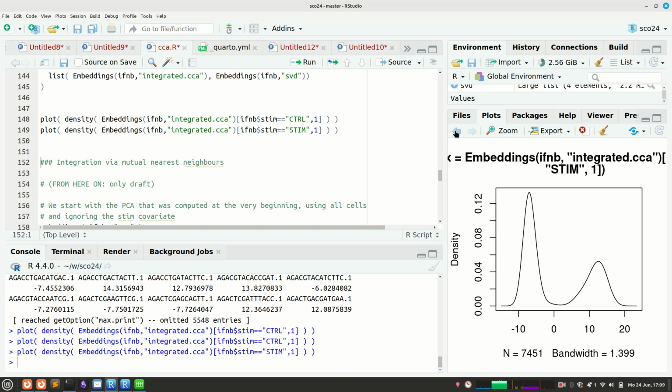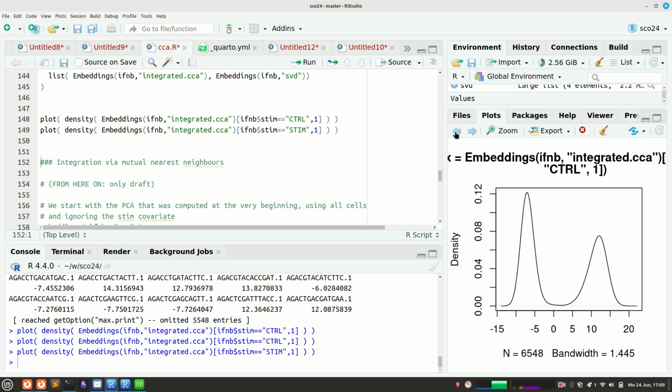And what they now suggest is to use something called dynamic time warping, where you try to order the cells according to component 1. So I make a matrix where these are the control cells ordered by first CC, and these are the stimulated cells also ordered by first CC.